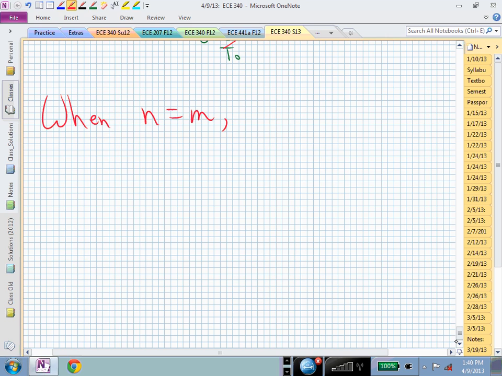Meaning, under this case, we have t naught, x of t. We're multiplying by e to the minus j m omega naught t. That's our left-hand side. But our right-hand side is just going to be 1, and x sub n wasn't a function of frequency.